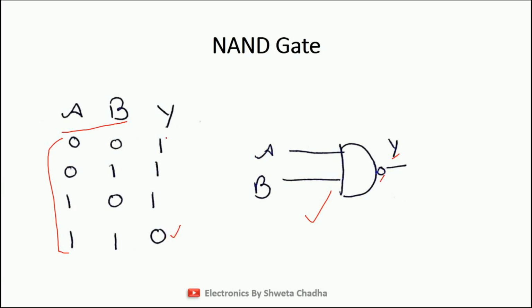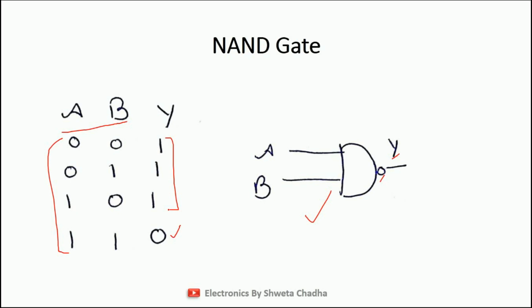And in the rest of the cases, output is 1. This is the truth table of the NAND gate. Also students, you can refer to my previous videos on logic gates, where I have explained all the basic logic gates, universal gates, etc. You can refer there to understand these concepts again. But this is the NAND gate truth table.